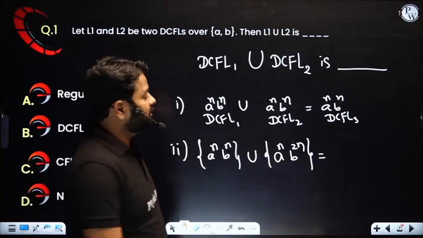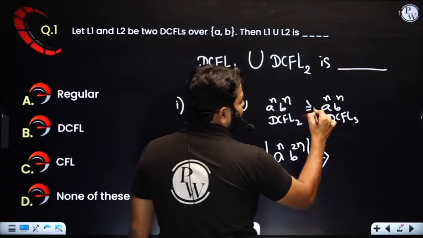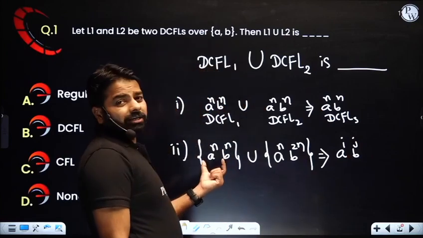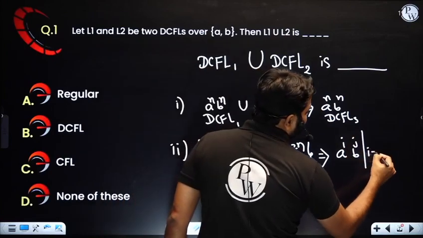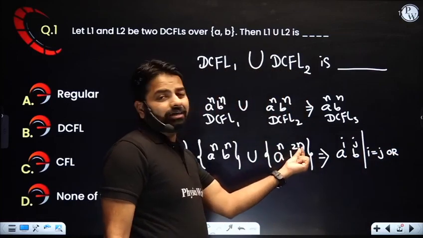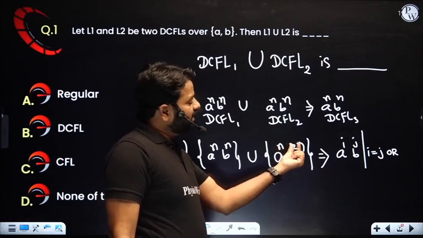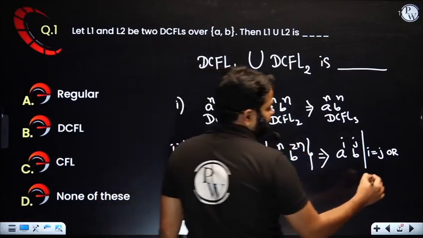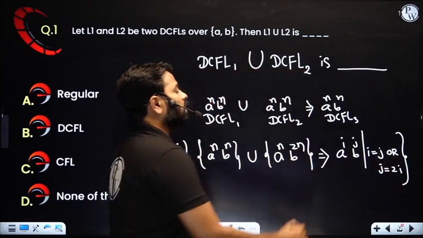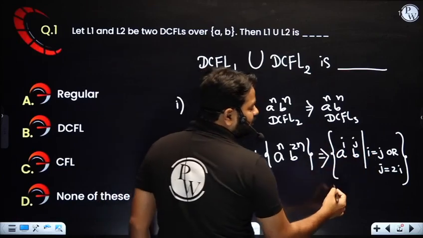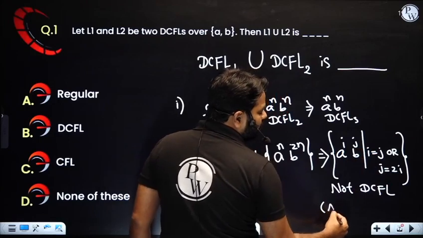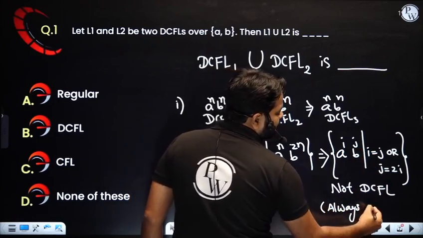You get something like a^i b^j, where the strings have i equal to j, or the strings have j equal to twice the first one, so j equals 2 times i. So it's going to happen. Whatever this is, it's definitely not a DCFL. But what is it? It's always a CFL.